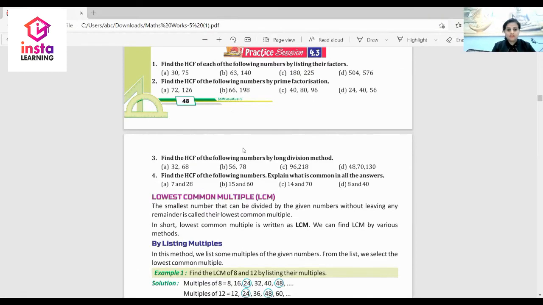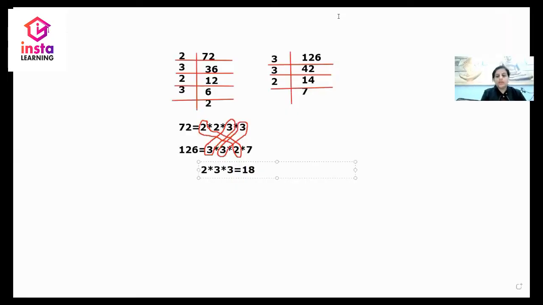Okay. After that, find the HCF of the following numbers by prime factorization. First we have done listing their factors. Now we will do the prime factorization method, shared again with the whiteboard. So here I have shared the whiteboard. In that, the prime factorization of 72 is there and the prime factorization of 126 is also there.